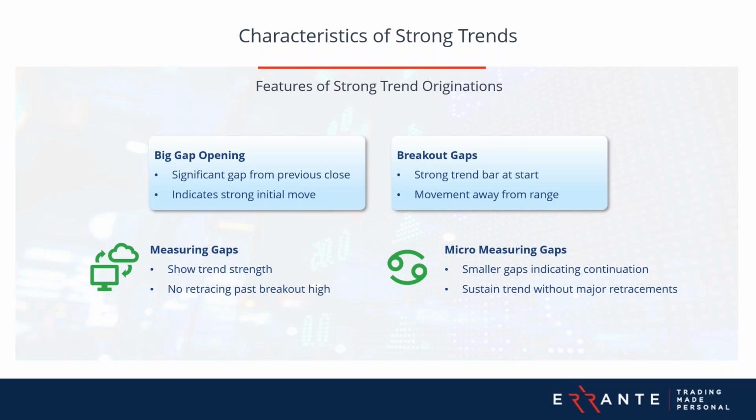In practical terms, both measuring and micro measuring gaps can be used to refine trading strategies. By recognizing these gaps, traders can first anticipate continuation, preparing for the trend to continue beyond the gap, allowing for position adjustments or new entries in alignment with the trend's direction, and then set targets, using the gap as a reference point for setting profit targets.